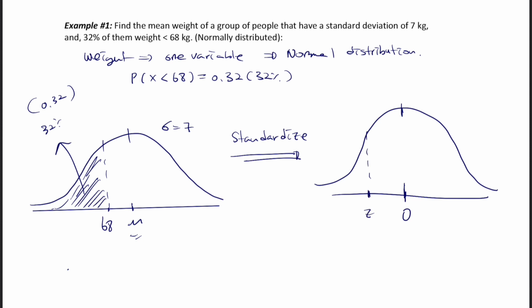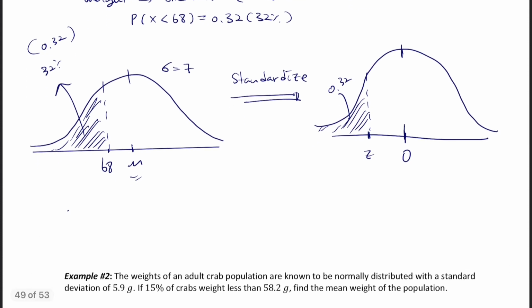We try to calculate the z value, and the area below the z value is still 0.32. In this case your standard deviation now becomes 1. So we first have to use inverse norm to calculate your z-score.